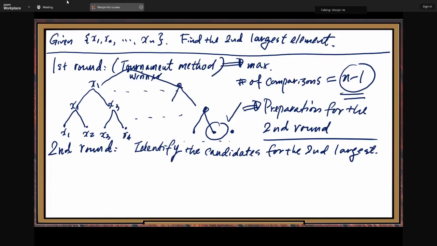Now, this is the critical step. If we get this step, we are very close to our destination. Think about this.